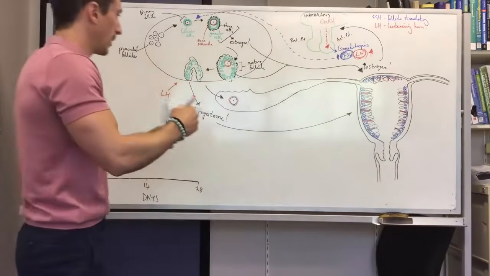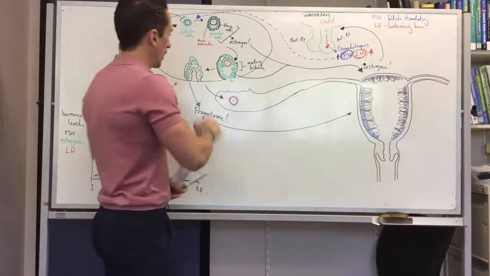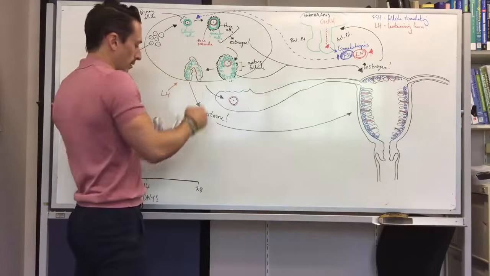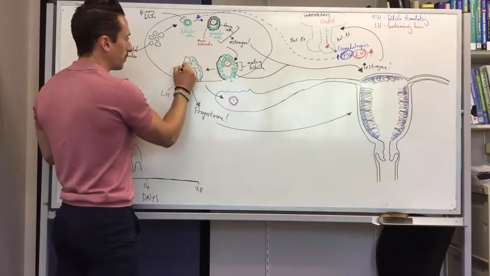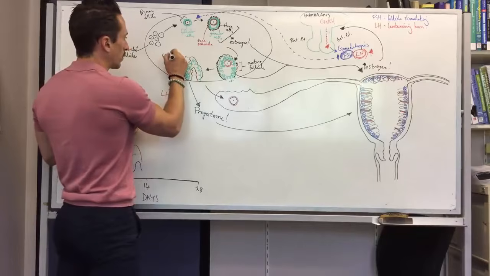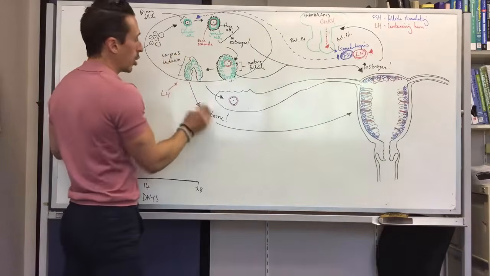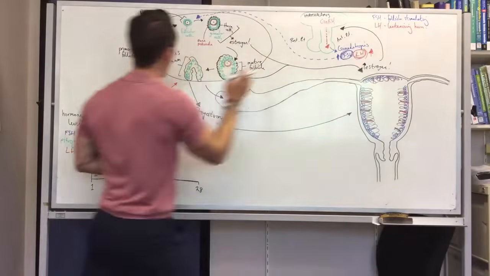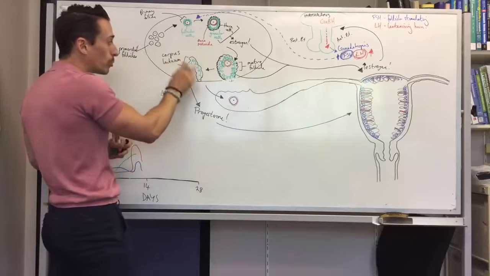Really important. Now, think about what's going to happen. This thing here is now called the corpus luteum. Think about it, luteinizing hormone. Luteinizing means it turns it into something called the corpus luteum.